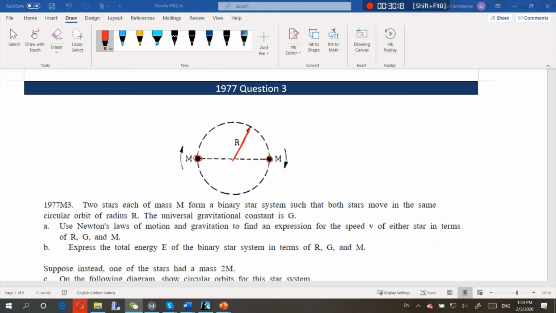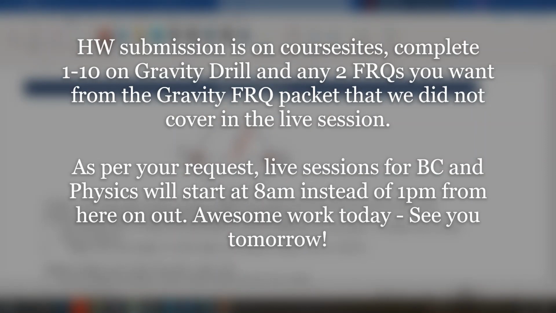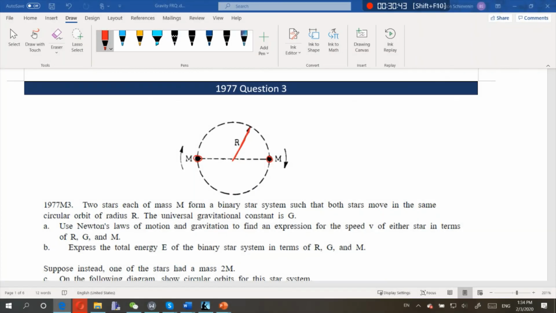So the gravity FRQ on WeChat: pick 2 free response and finish. The gravity drill: I need you to finish the multiple choice. I think there's 10 questions. Yeah, 10 questions, multiple choice, and the drill.